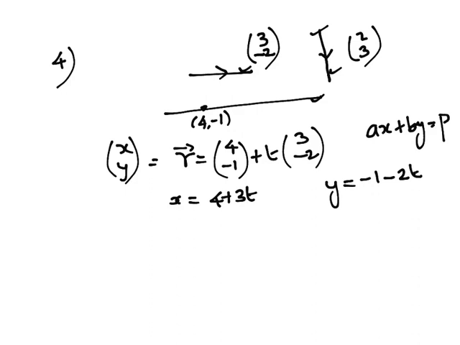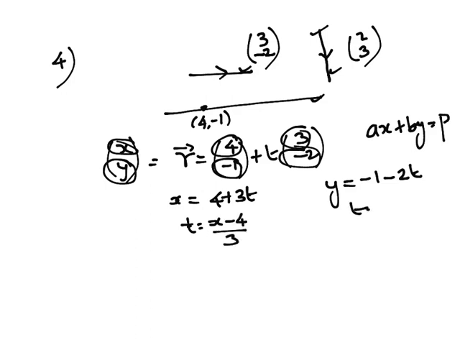So I'll get t as (x minus 4) by 3, and t as (y plus 1) by minus 2.